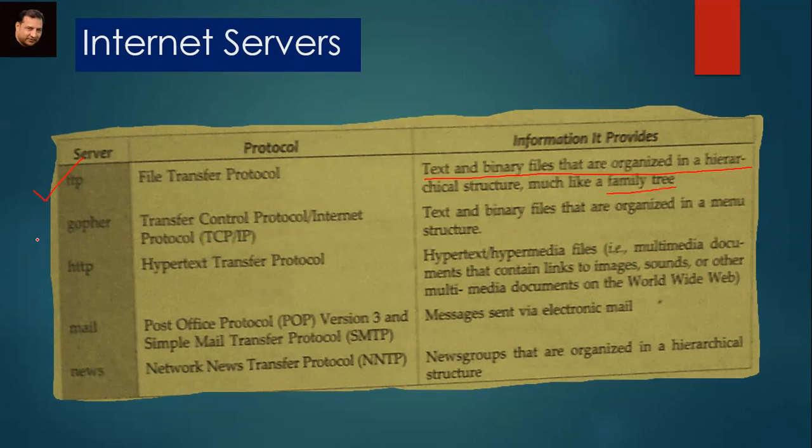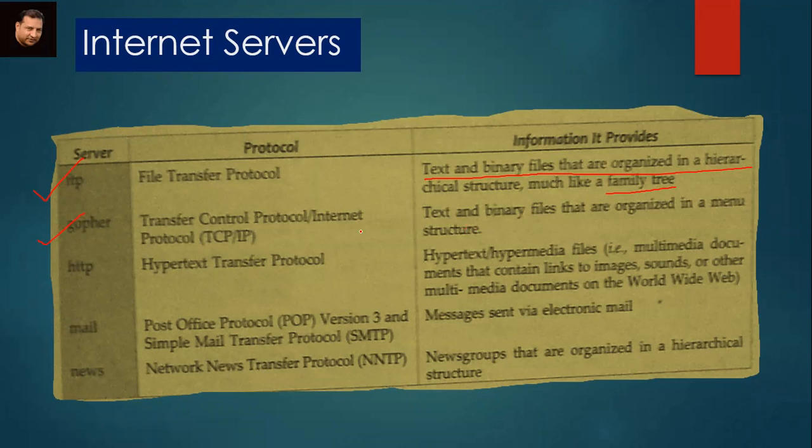Second is Gopher, GOPHER. It is a protocol called TCP/IP, Transfer Control Protocol / Internet Protocol. Here, text and binary files that are organized in a menu structure is stored. So it provides information of text and binary files, but which are organized not in hierarchical structure, but in menu structure.